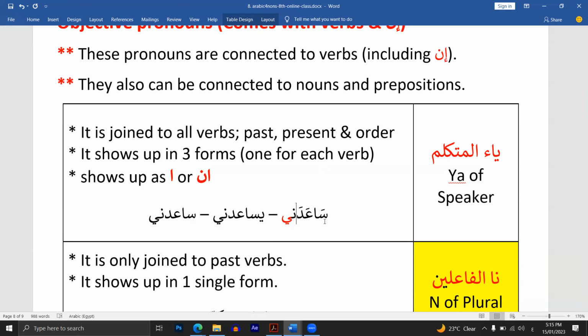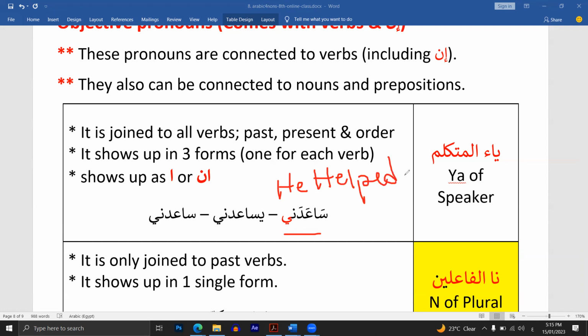Okay, what about the subject? Where is the subject here? It's a hidden pronoun, because singular third person usually will show up as a hidden pronoun in case of subjective. So the translation, let me use the pen, of this one will be he helped.